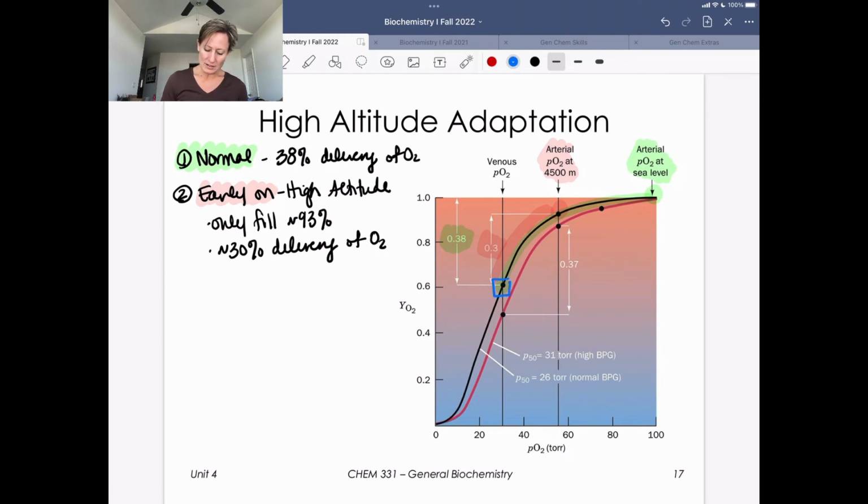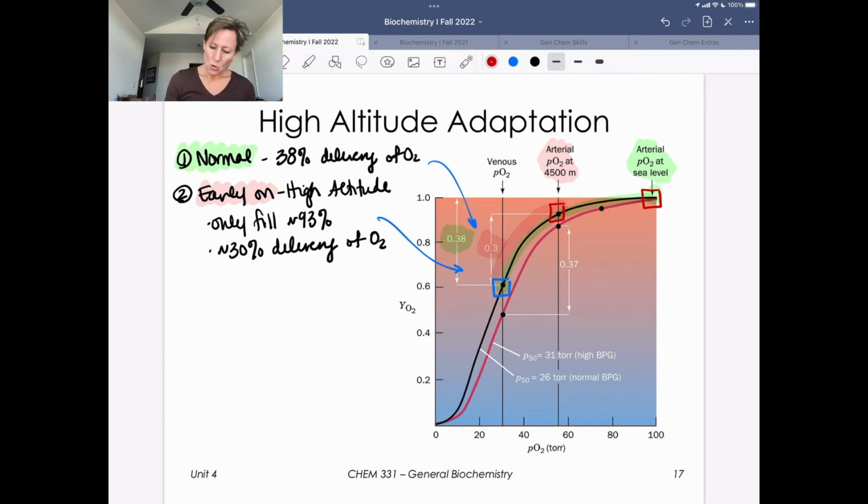So your unloading is the same for both of these situations. That unloading point is the same, but your loading point is different. Your loading point is here under normal conditions, and then it's going to be here under high altitude. So you only really deliver about 30% of your bucket versus 38% of your bucket.